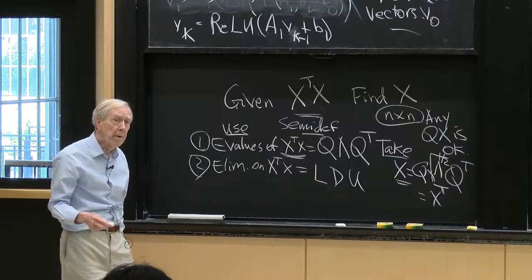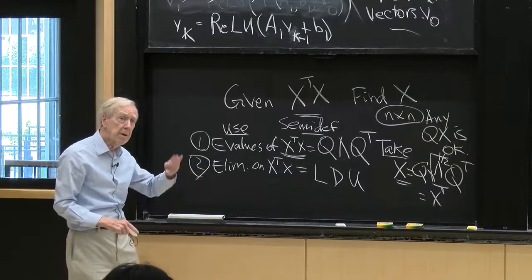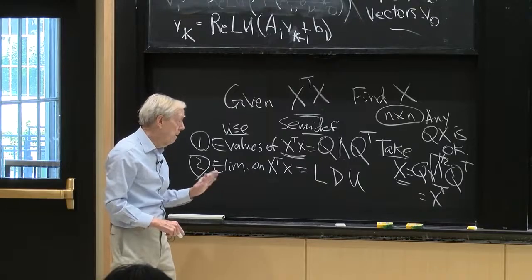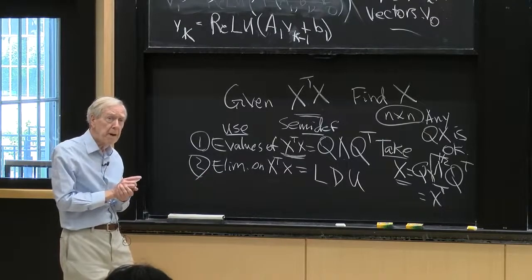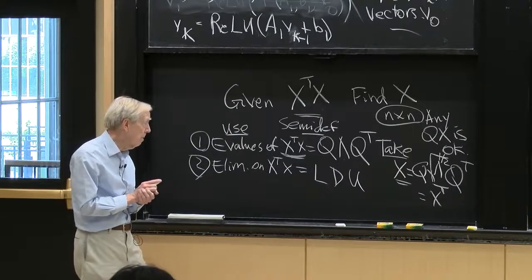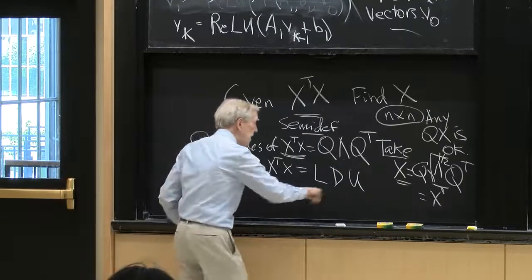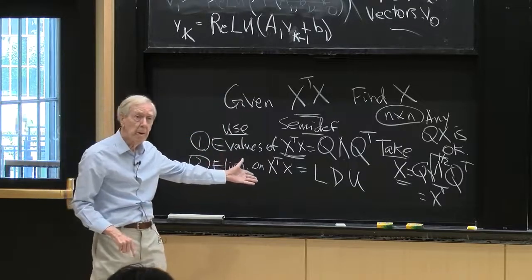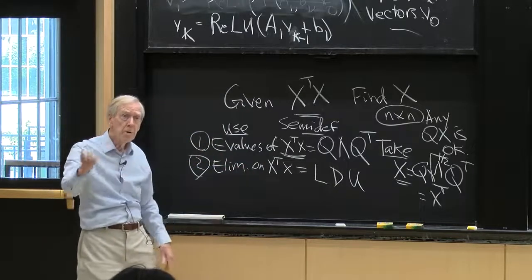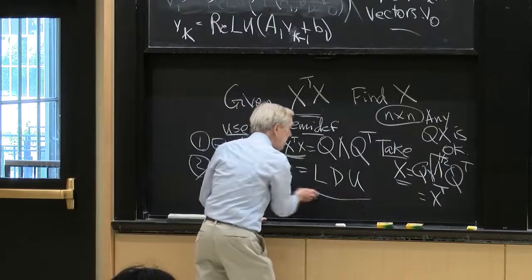We zipped by elimination regarding that as a trivial bit of linear algebra, but of course it's highly important. So what's the situation here when the matrix is actually symmetric? I want something to look symmetric.